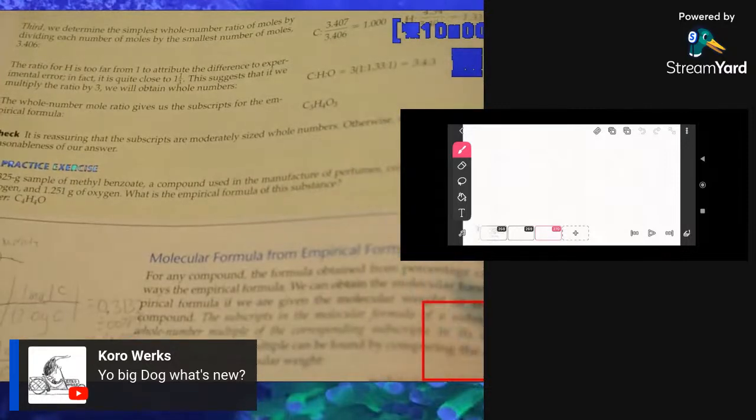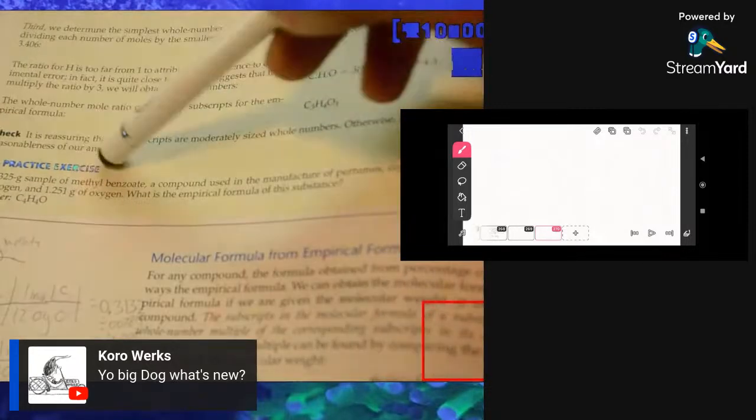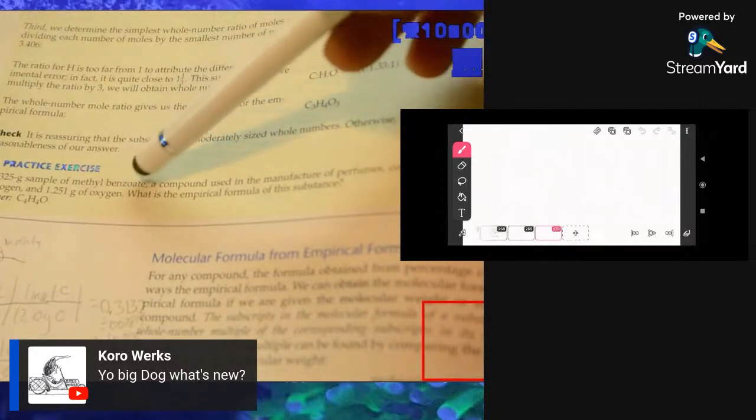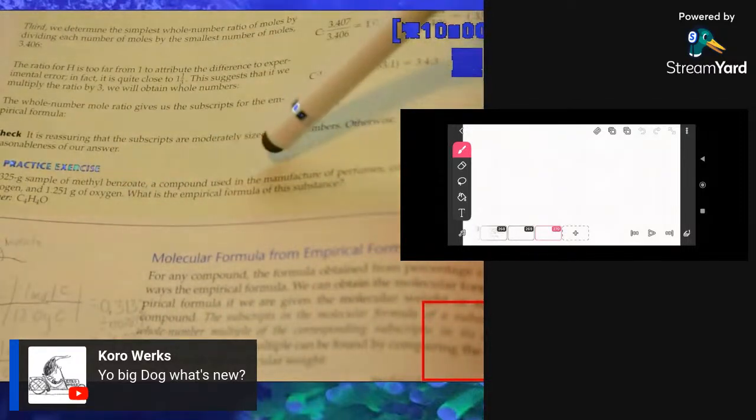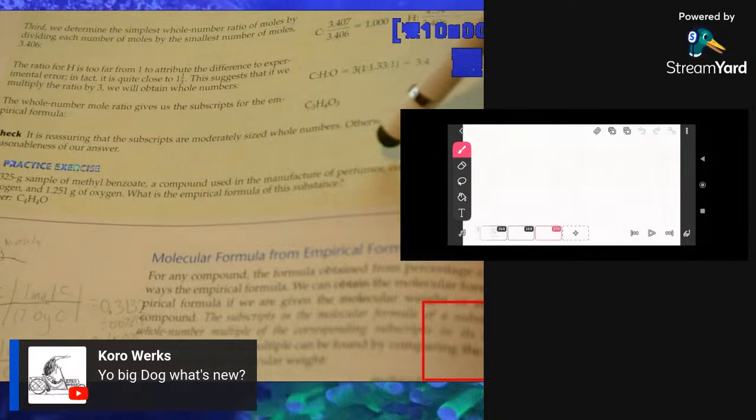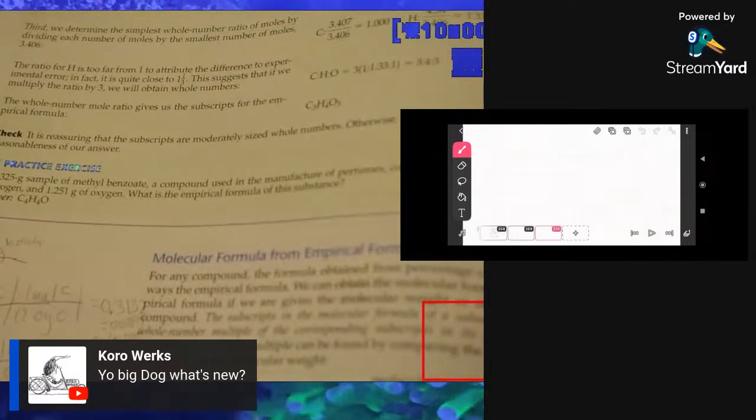A 5.35 gram sample of methylene benzoate, a compound used to manufacture perfumes, contains 3.758 grams of carbon, 0.316 grams of hydrogen, and 1.251 grams of oxygen. What is the empirical formula of the substance? All right, so let's go look at that out.